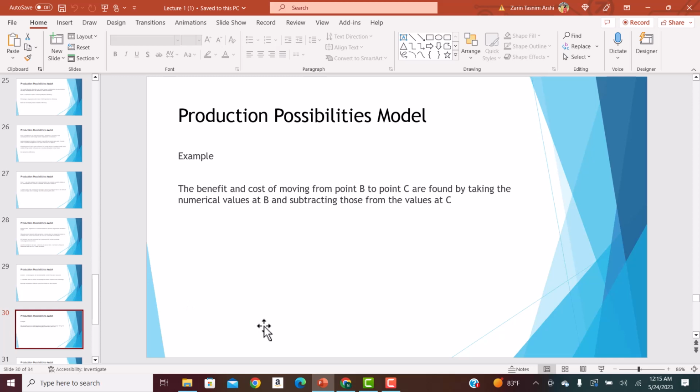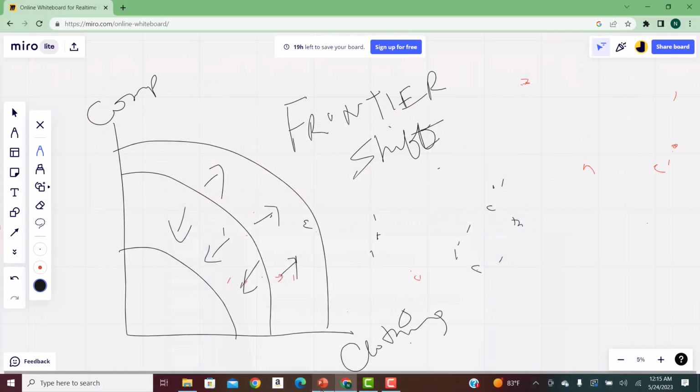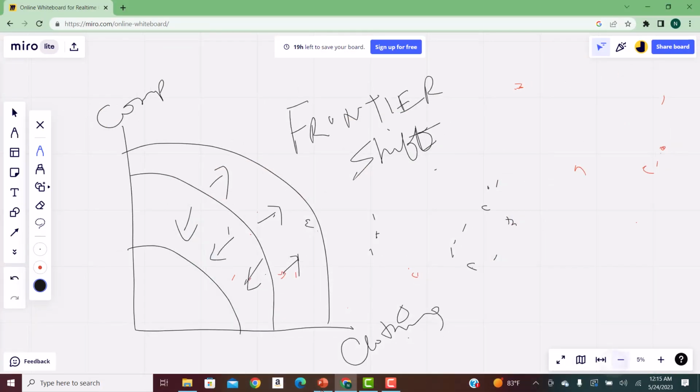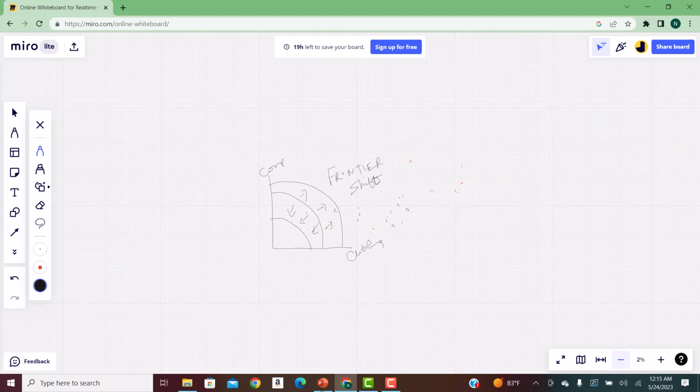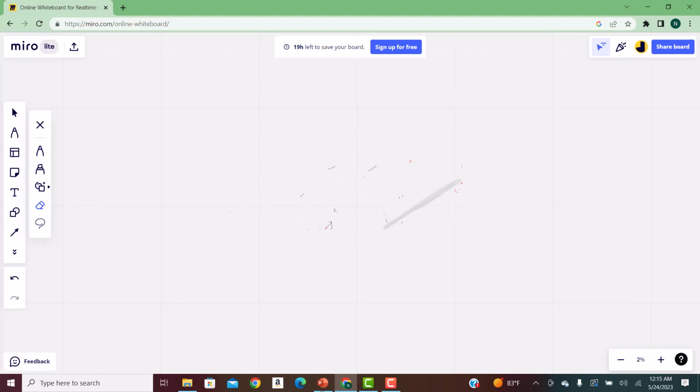Okay, one more thing we also get from the PPF is opportunity cost. Okay, so how do we do that? Let's look into that. Okay, so again, we're going to look into a PPF.